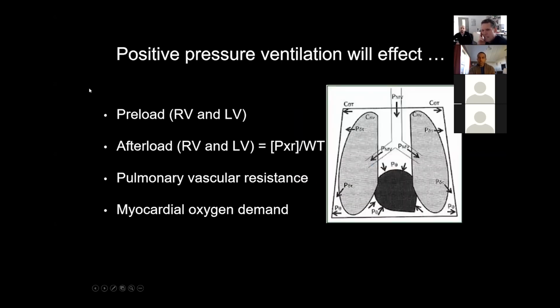What that will do in terms of the actual pressures in the heart is going to be a little bit dependent on the compliance and resistance issues in the lungs. But taking that as an aside, the way I think about it is that there's the pressure inside your chest, and there's the pressure inside your abdomen.